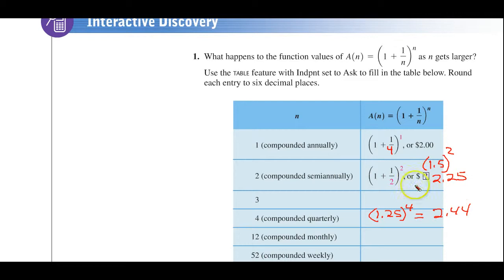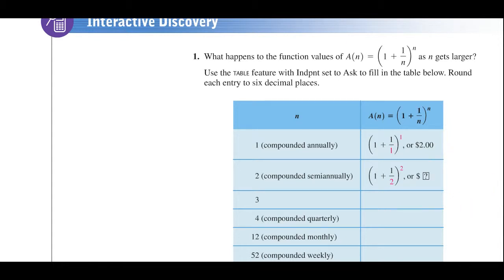So what has happened? As you compound something more frequently, as n gets larger, these values get larger. But they don't get larger infinitely. They just get larger up to a certain point.